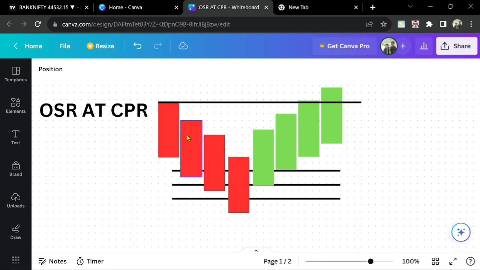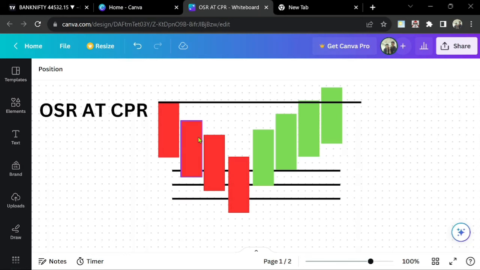These all 4 candles are red candles. Immediately it is breaking the CPR, a green candle is formed, it is breaking the top of the first candle and it will move upwards.